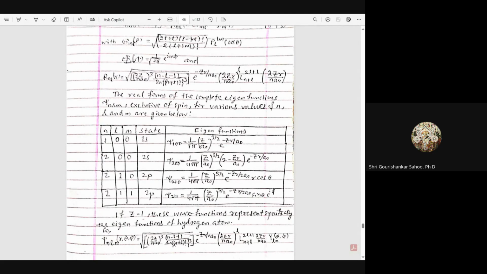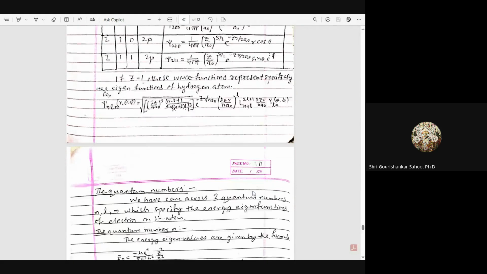The eigenfunctions ψ100, ψ200, ψ210, ψ211 can be written as shown on the screen, and you can have your ψnlm values as I have shown on the screen.